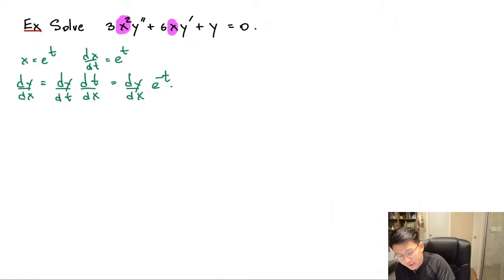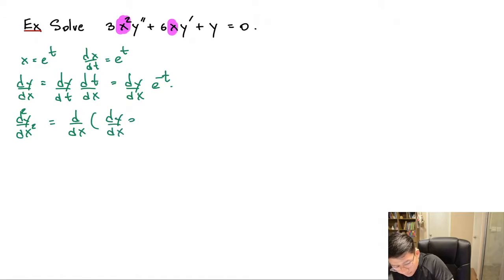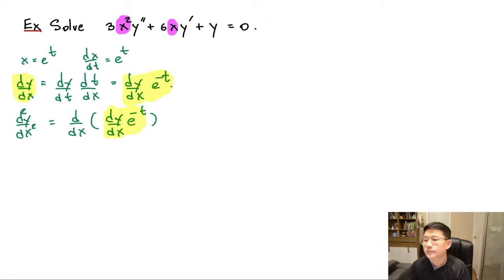And guys, again, the second derivative of y with respect to x would be the derivative of the first derivative, right? This guy is basically the first derivative. Make sense?